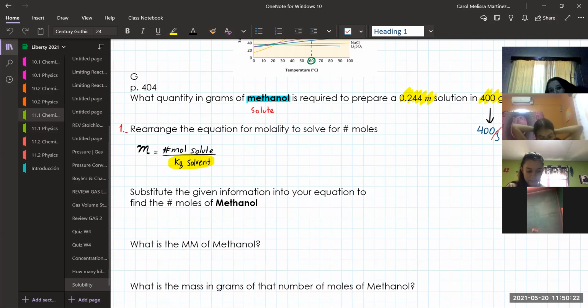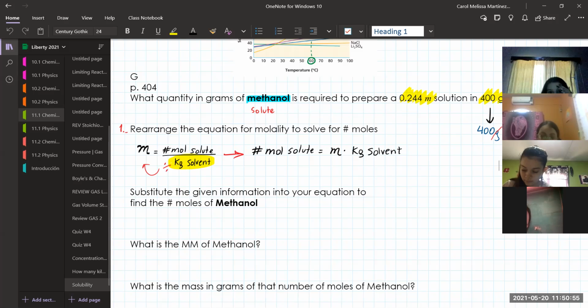Now, to get the number of moles of solute, this one is doing a division, so when you move it to the other side, it's going to be a multiplication. So this will be molal concentration times the kilograms of solvent.